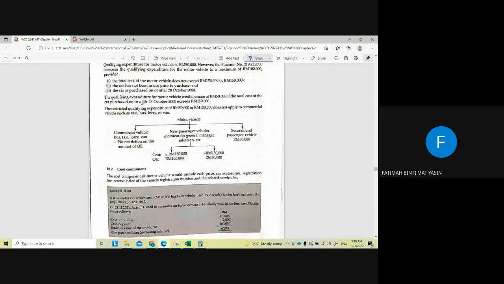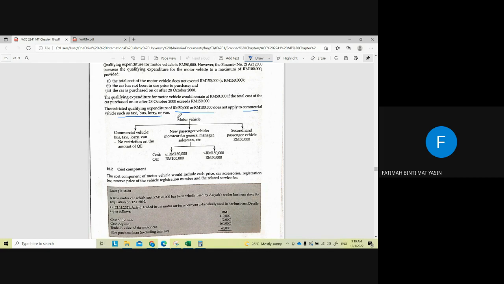Let's look at this summary. The restriction amount is 50,000 or 100,000. It does not apply to commercial vehicles such as taxi, bus, lorry or van, just like when you learned about business expenses. If the company purchases a commercial vehicle, there is no restriction on the amount the company can get deduction for the installment made.